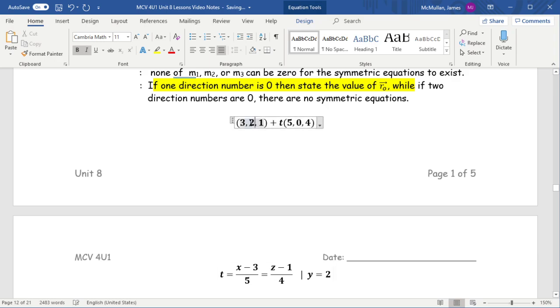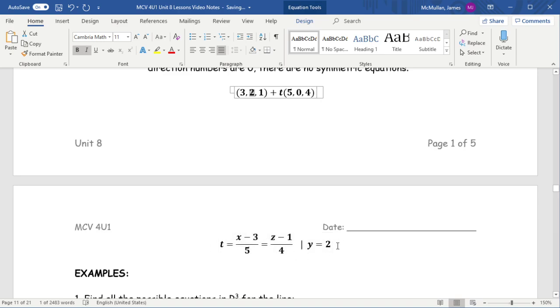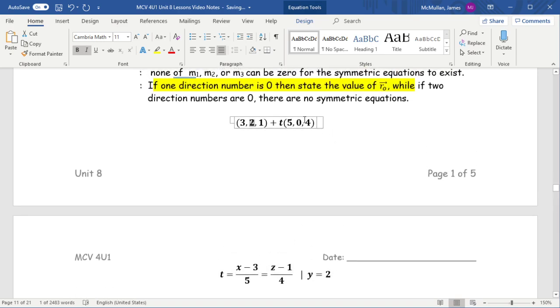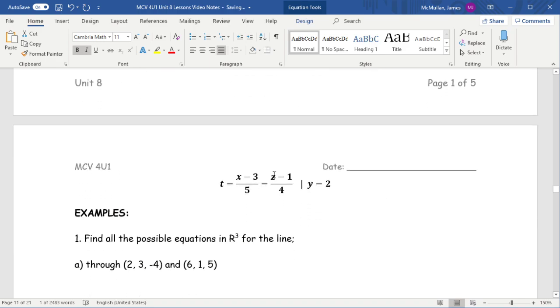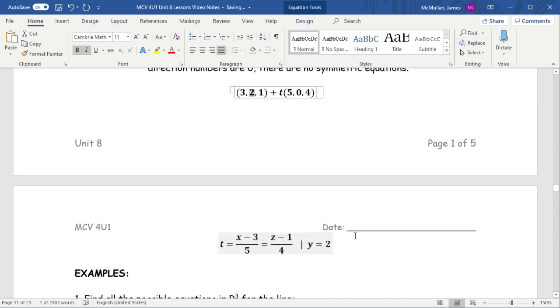The point is 2, and it doesn't move. The direction vector doesn't move in a y direction, so you can kind of get around this when there is one zero. If more than one of them are 0 in the direction, then just don't bother with the symmetric equation. You can get around it if one of them is 0 by just doing this.